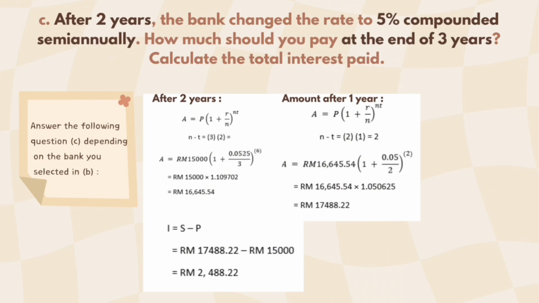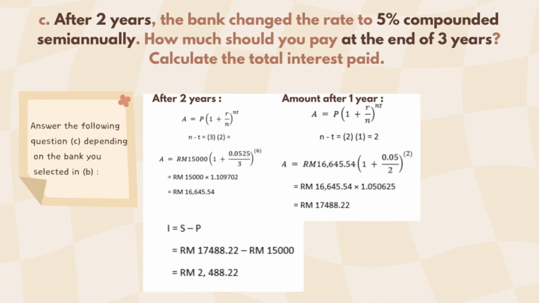So we're going to count the number in brackets first, and having the answer as 1.050625. And then we multiply 16,645 ringgit 54 cents and 1.050625, and getting the final answer as 17,488 ringgit 22 cents.